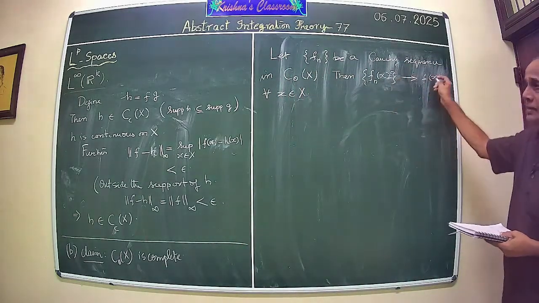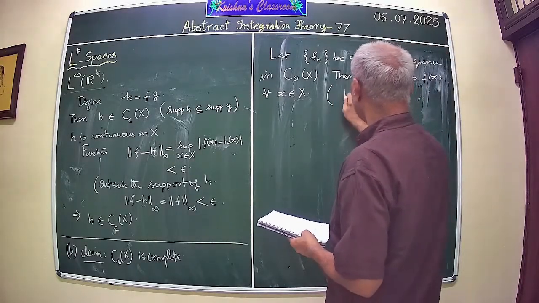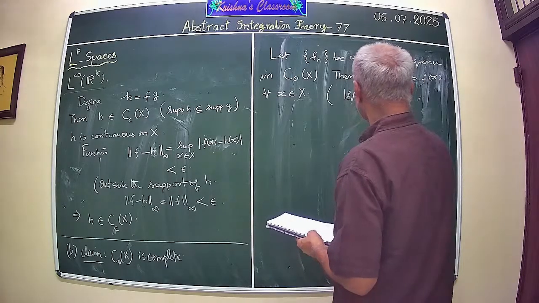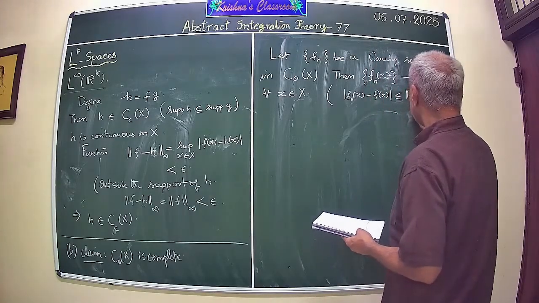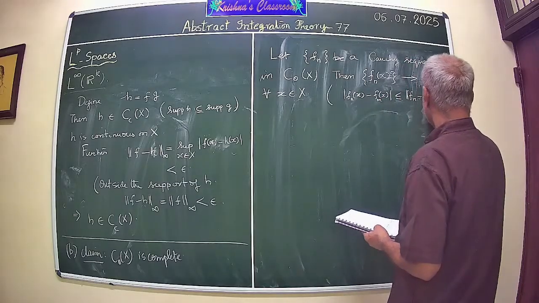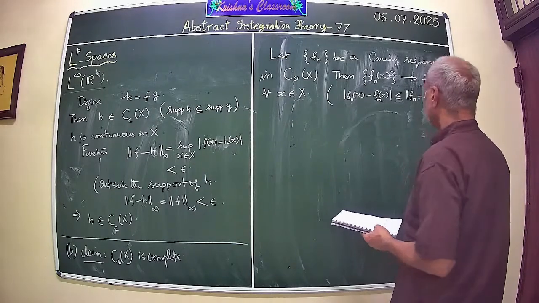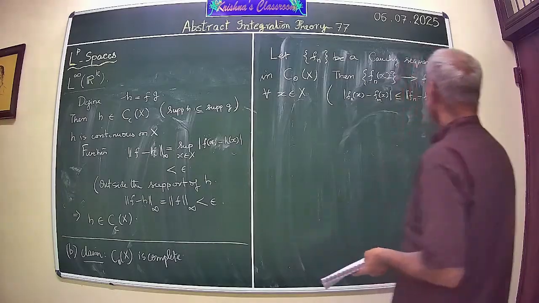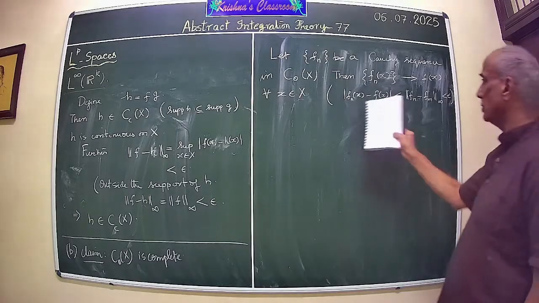This is the point-wise convergence that we are talking about because it's a Cauchy sequence. The reason is that, given epsilon positive, less than epsilon, therefore this is a Cauchy sequence.